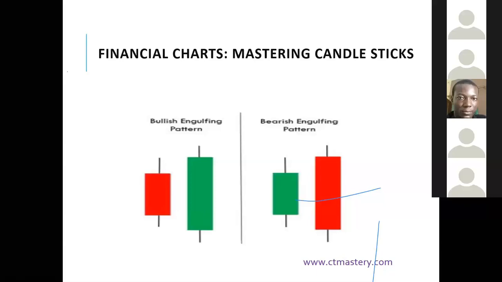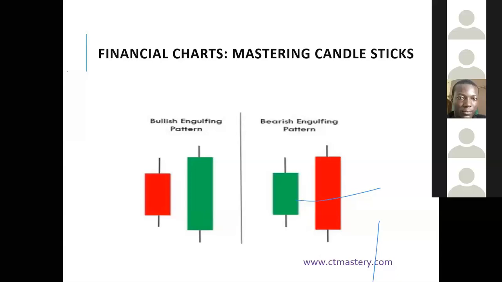So let's look at the engulfing candlestick pattern first. Like I said, we have the bullish engulfing and the bearish engulfing candlestick pattern. The engulfing candlestick pattern is formed when one candle fully engulfs the candle before it.